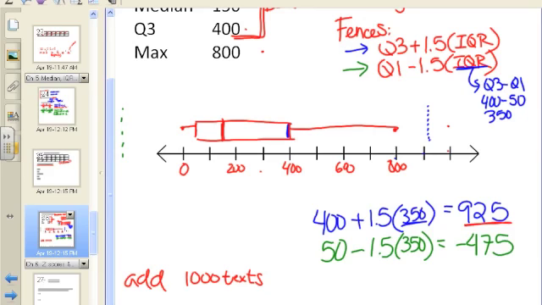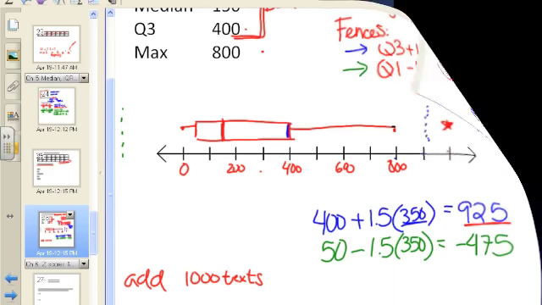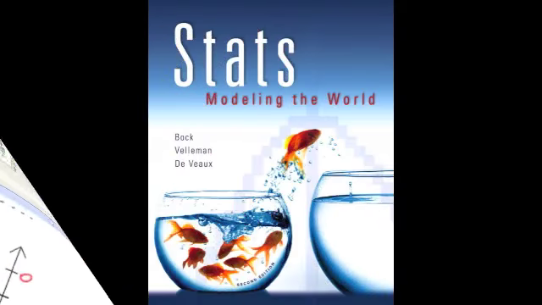So I can't extend my whisker out to that dot. It just becomes like a star. Okay? Whiskers need to stop before they hit the fence. So I would not draw my whisker all the way out there. Instead, I just leave it as like a star, showing, hey, there's something funny way out here. It's an outlier. And those are our box and whisker plots.